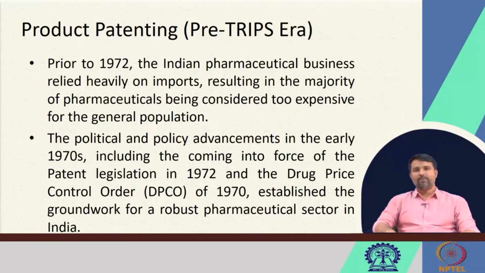The political and policy advancements in the early 1970s, including the coming into force of the patent legislation in 1972. The legislation, even though it was enacted in 1970, came into force only in 1972, and subsequently the Drug Price Control Order of 1970 established the groundwork for robust pharmaceutical sector in the country.